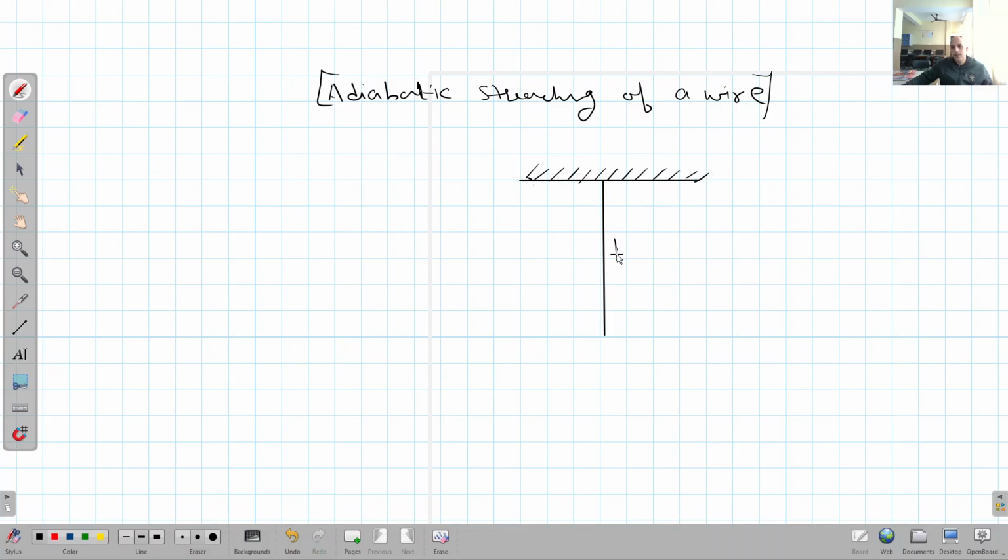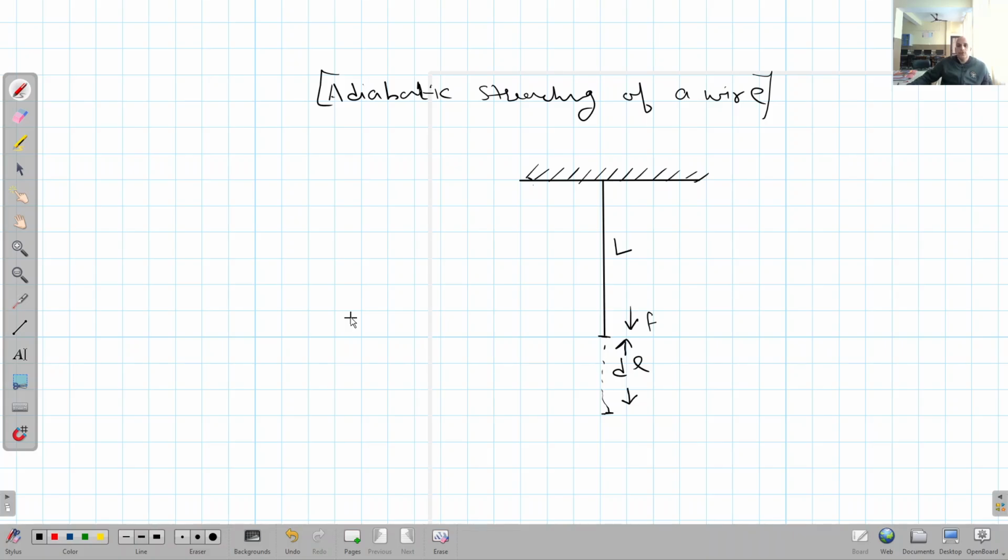This wire has length L. Clear? And we are applying pressure, or we can say force, on this wire in this direction. So when we apply force, obviously the length of the wire will change. Clear? We are stretching it adiabatically in this direction by applying a force. Then let the length of the wire change by an amount dl. Clear?